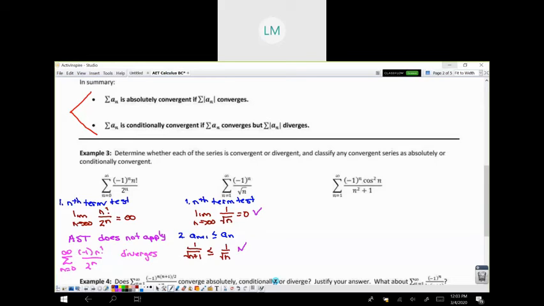But now let's look at the absolute value of these terms. So we have the sum from n equals 1, the absolute value of negative 1 to the n over the square root of n. Well, that simplifies very quickly to 1 over the square root of n, and we know this series is a divergent p-series.